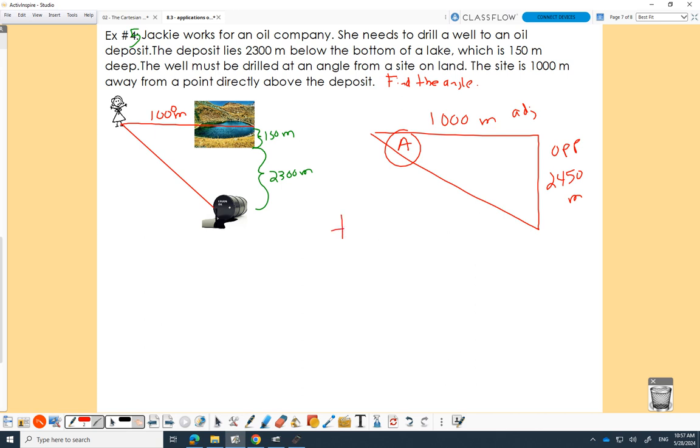Tan of A is opposite over adjacent. And so A is the tan inverse of 2450 over 1,000.